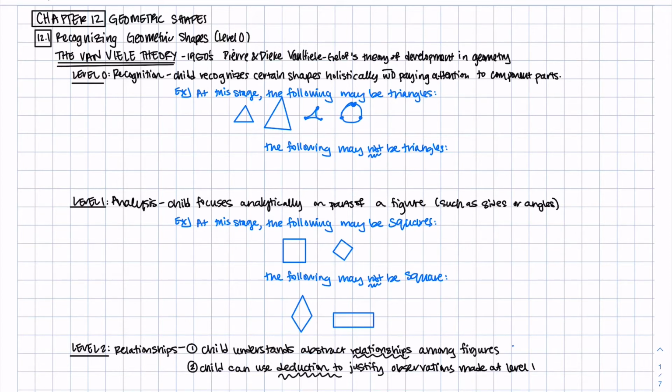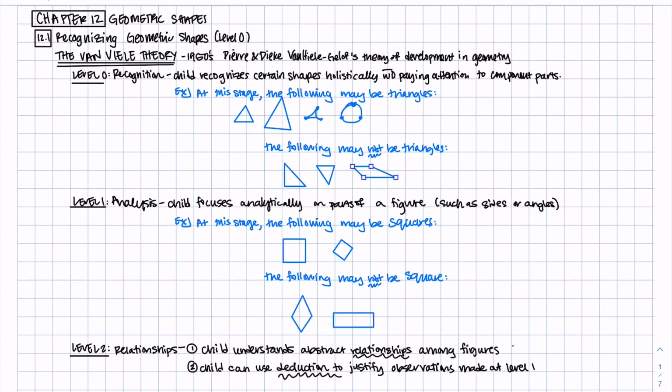But at this level, there are some things that a child may not consider triangles that actually are triangles. For instance, a right triangle may not count for many children, or if I turn any of the above triangles upside down, they may not be able to recognize it as a triangle. Something like this may not be recognizable. Oops, that's definitely not a triangle, that's why.